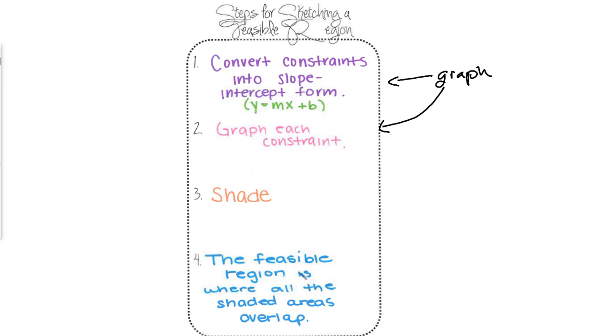Then we're going to look at shading it. We're going to look at all of them combined, and where all those regions overlap gives us the polygon that we're going to use. Again, pause your screen if you need more time to write these down.